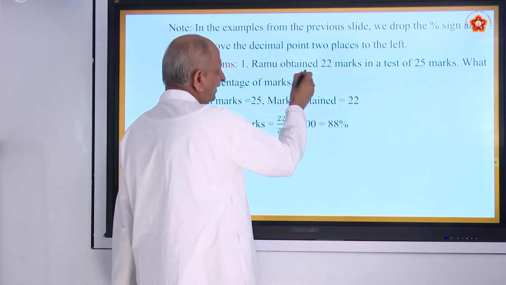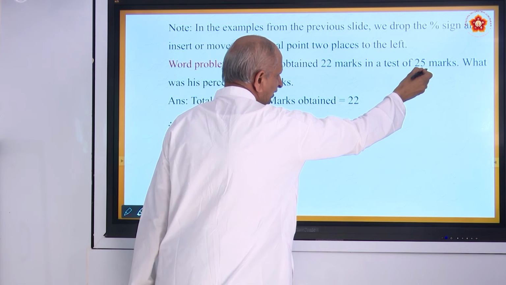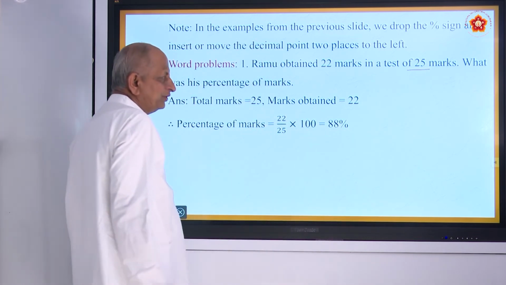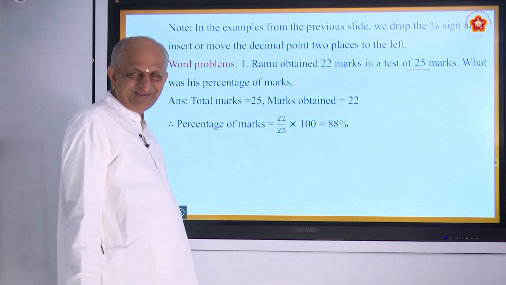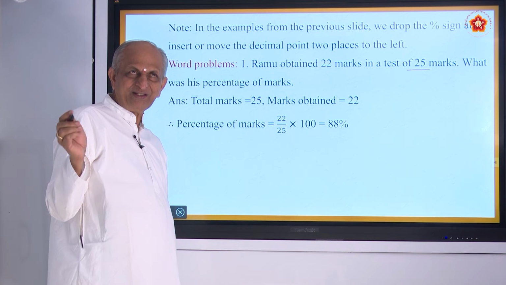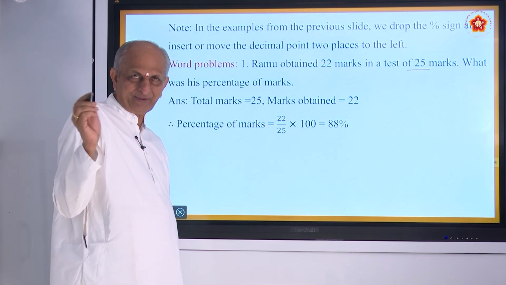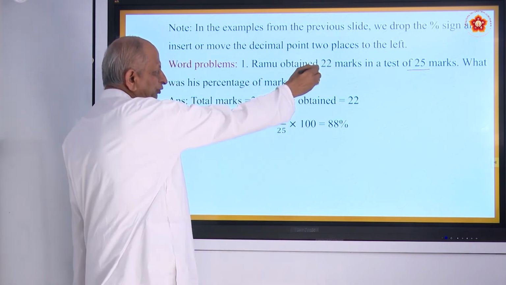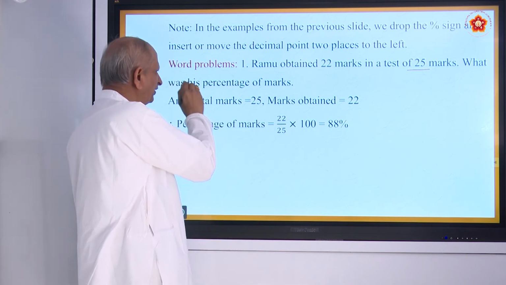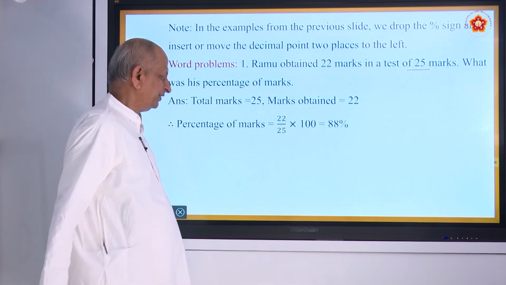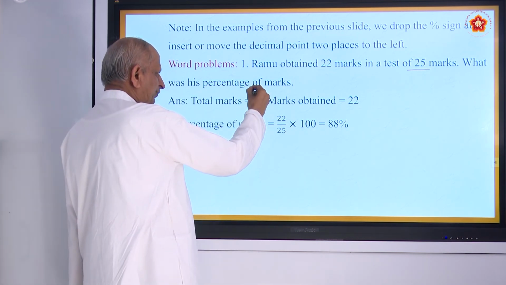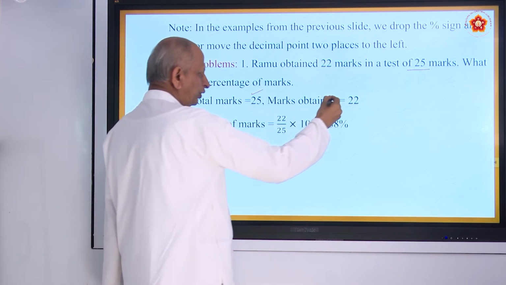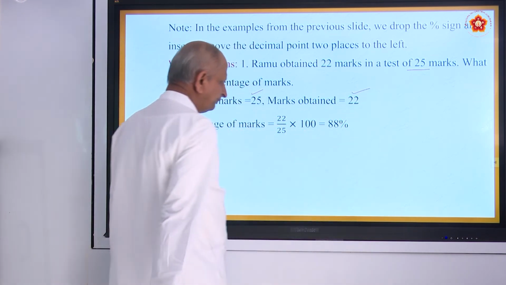So Ramu obtained 22 marks in a test of 25. They conduct monthly tests, right? Monthly tests usually are about 20 marks or 25 marks. So here there was a test in mathematics. He got 22 marks. What was his percentage is the question. So total marks is 25. He got how much? 22.